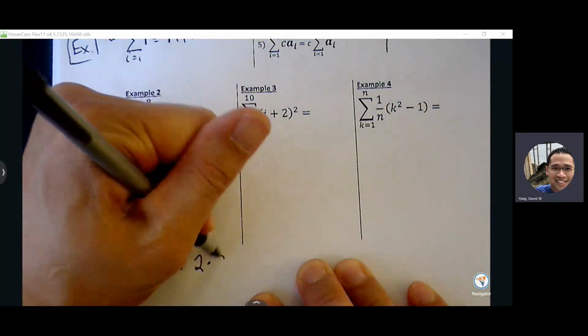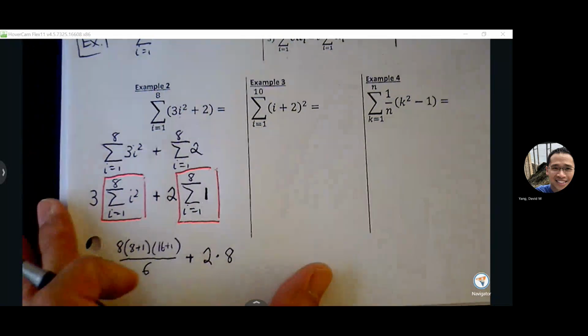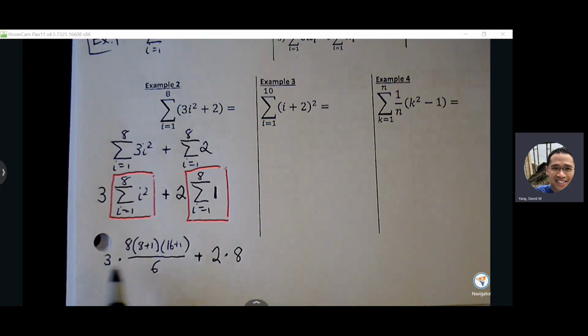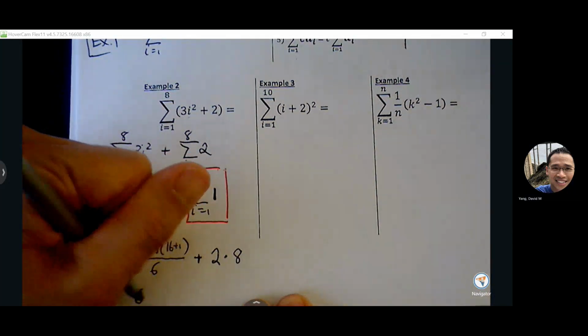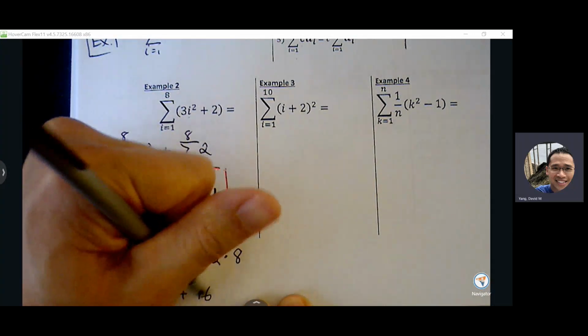So 2 times 8. Okay, so now the rest is just using the calculator to sum it together, right? So 8 times 9 times 17 all over 6 times 3. I'm going to jump to the answer here. So that's 612 plus 16.